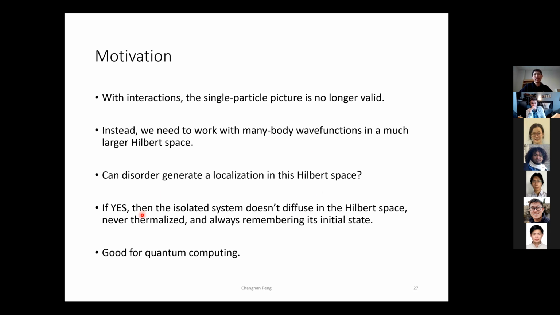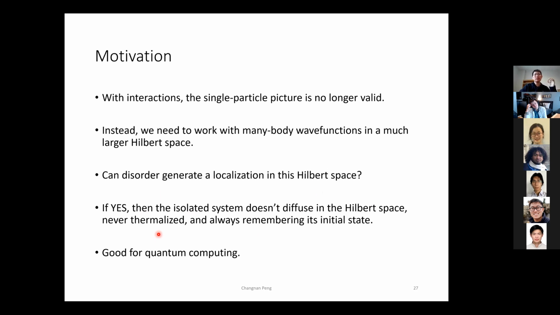If the answer is yes, then an isolated system doesn't diffuse in this Hilbert space, as we've seen in the case of a localized wave function, where the electron just moves inside the localization length. So if it is localized in the Hilbert space, then the system stays only in a finite range and doesn't diffuse to other possible states.